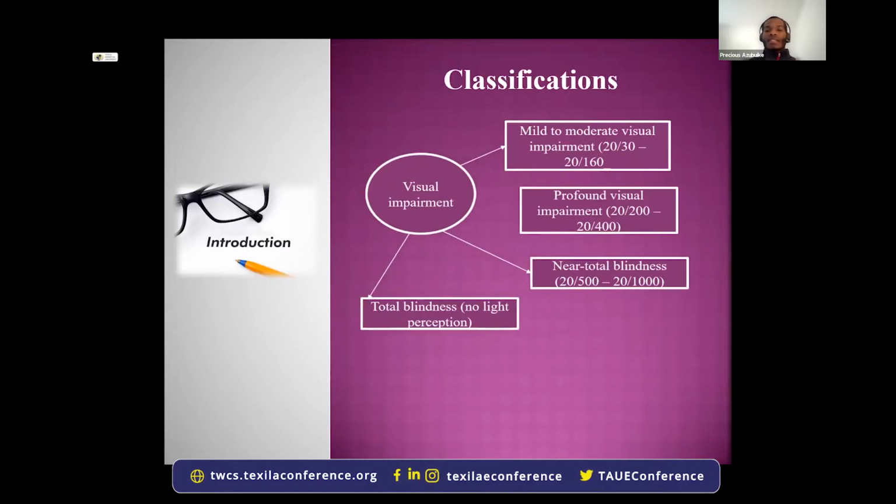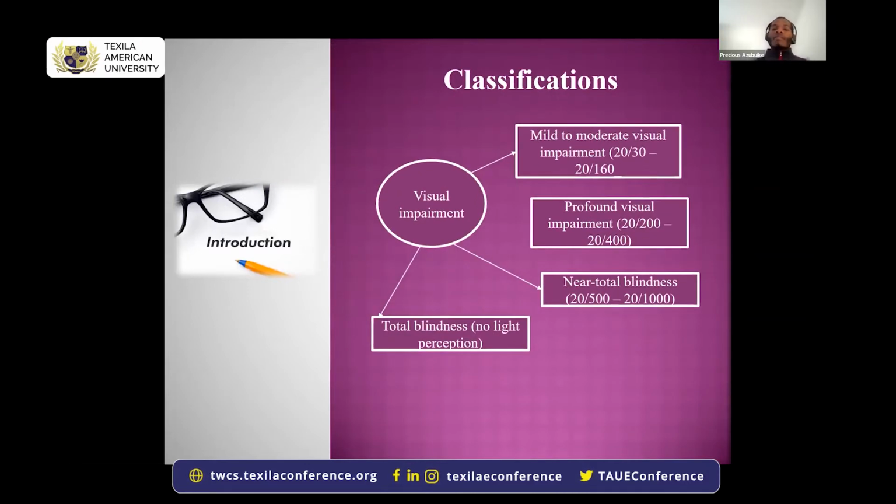Just as a classification, there's mild to moderate visual impairment, which is 20/30 to 20/60. People who have 20/200 to 20/400 to light perception, we say they have profound visual impairment.